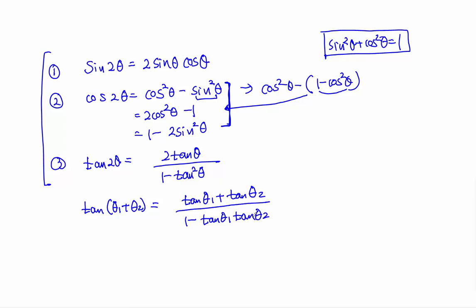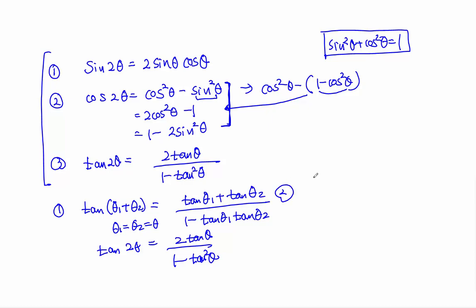This time theta 1 equals theta 2, isn't it? That's why we get tangent 2 theta: twice tangent theta over 1 minus tangent theta times tangent theta, which is tangent squared theta. Remember this.